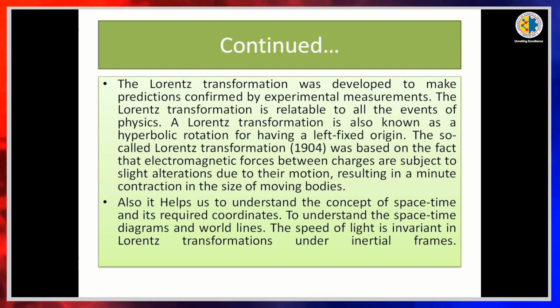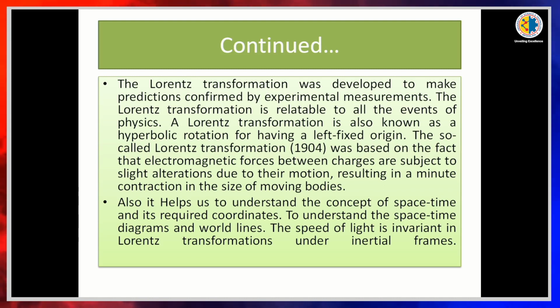The Lorentz transformation equations I mentioned earlier: x dash is equal to x minus v t divided by root over 1 minus v square by c square, y dash equals y, z dash equals z, and t dash is equal to t minus v x by c square divided by root over 1 minus v square by c square. So, it is the Lorentz transformation. It is important to know how the Lorentz transformation was developed and for what purpose it is applied.